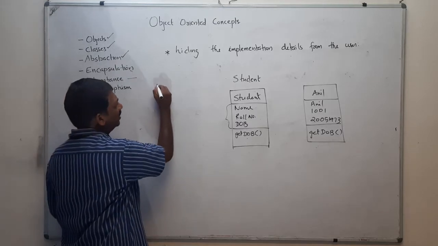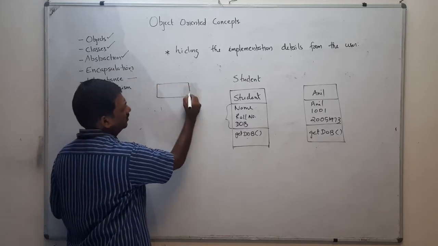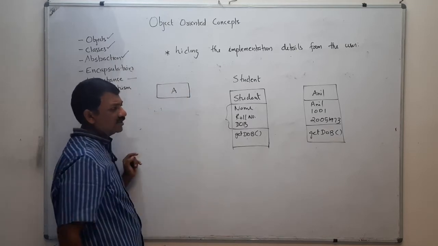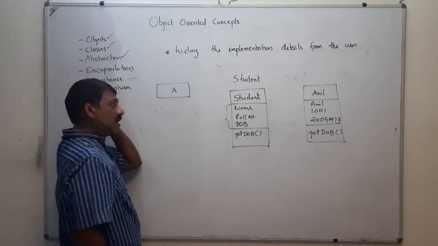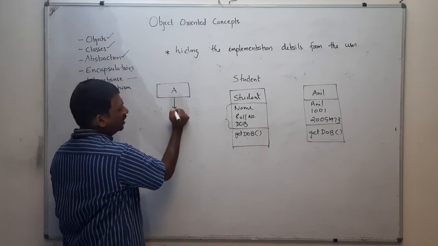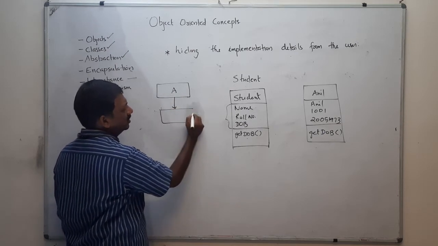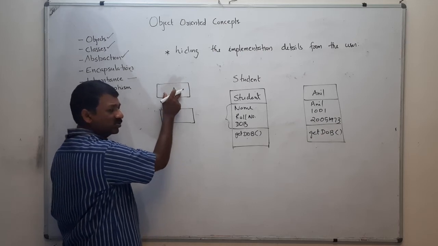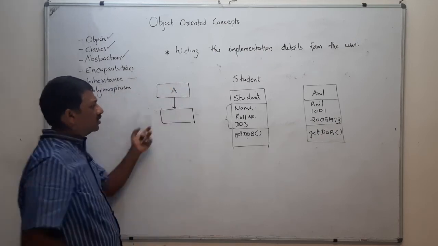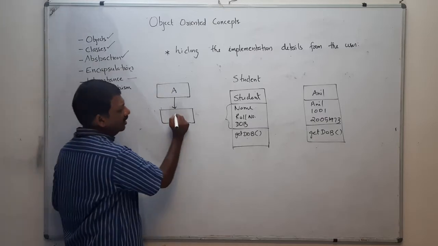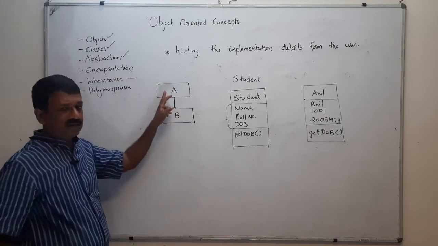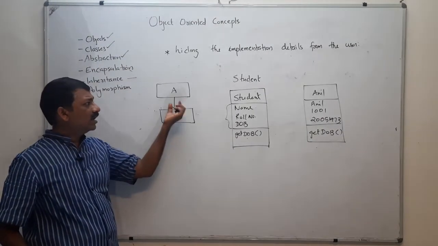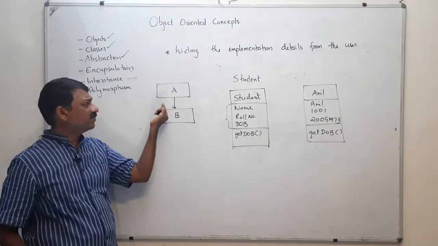Suppose you have a class A, just like a student, and you can derive a class from it. A has some properties and methods, and if you derive a class B from class A, then B inherits all the properties of A except the private data.